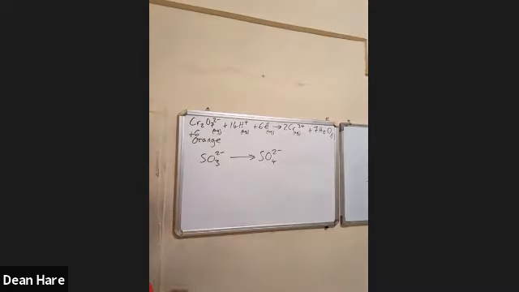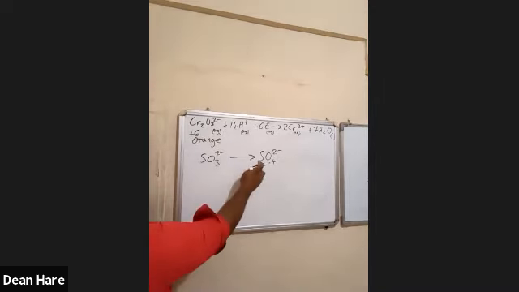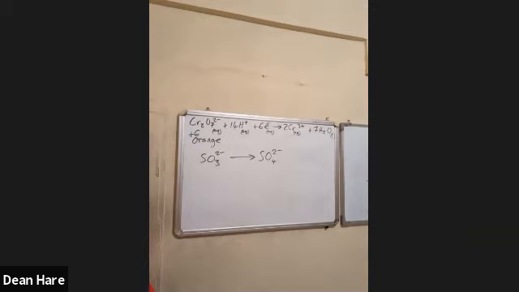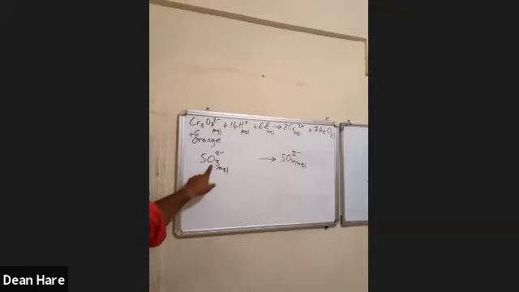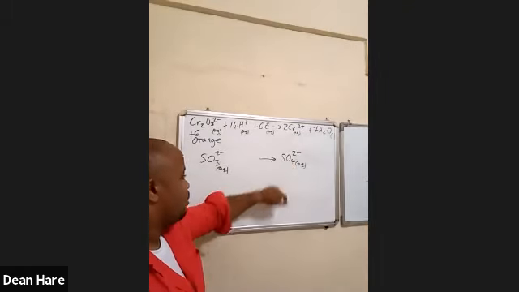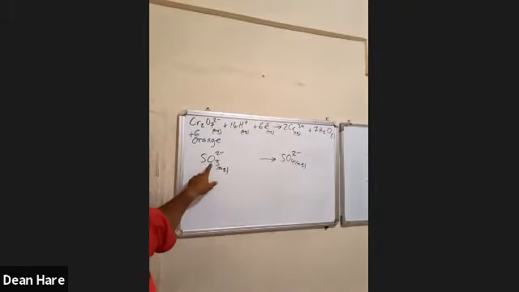All right, so sulfur is already balanced because we have one on each. However, we have 3 oxygen on this side and 4 on this side. Let me just make some space. So we have 3 oxygen here and 4 over here. So what should we do to this side?